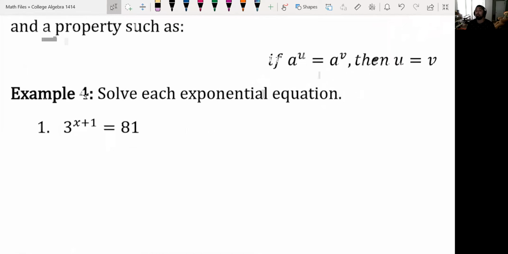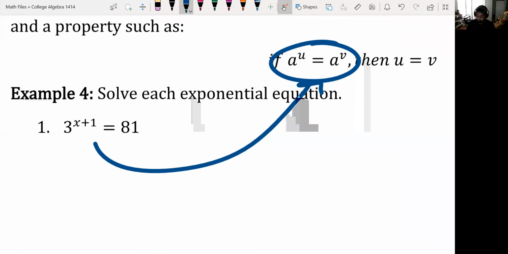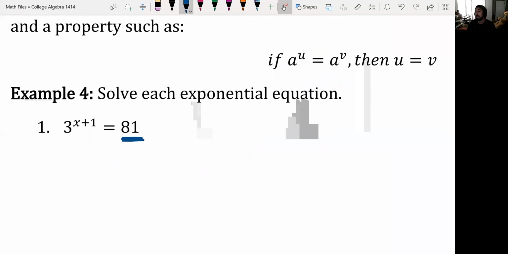So number 1, 3 to the x plus 1 equals 81. Well, we want to use this property. But in order to use this property, we need to have the same base on both sides. Well, here's where we think to ourselves, can you write 81 as a base of 3? And that answer is yes.